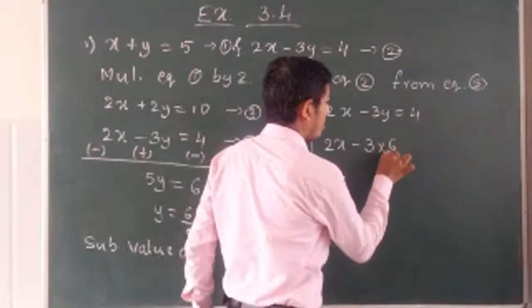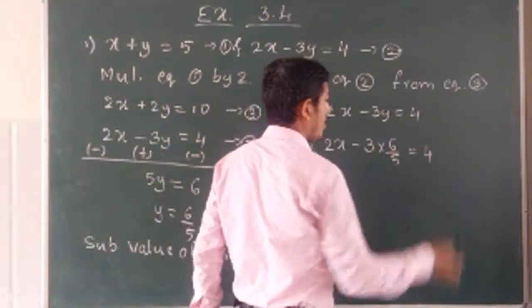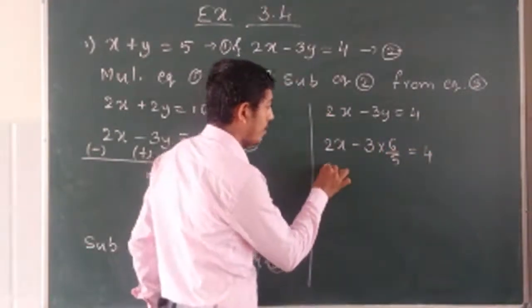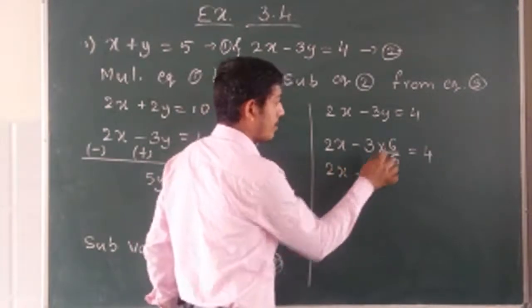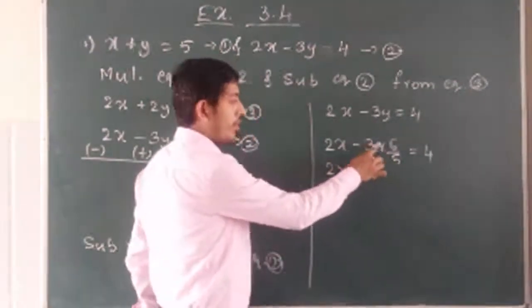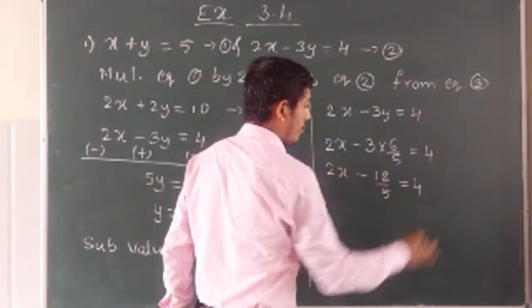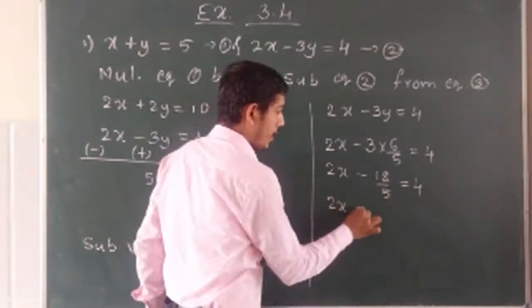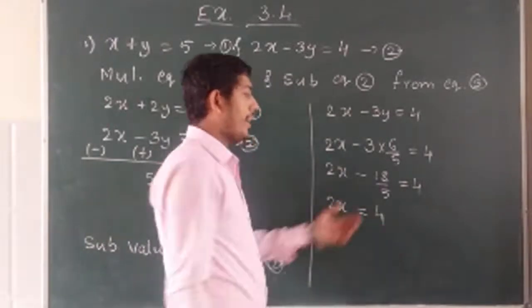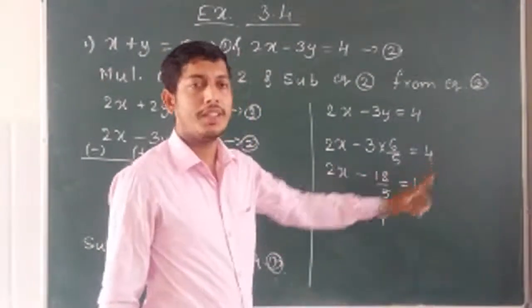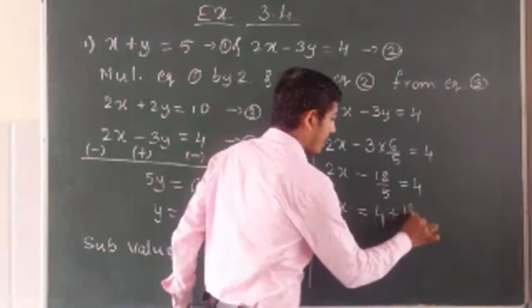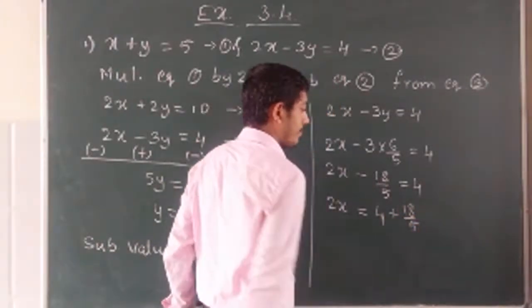So 3 into 6 by 5 equals to 4. Then 2x minus 6 3s are 18 divided by 5 equals to 4. Then 2x equals to 4 minus 18 by 5, when it goes to the other side it becomes plus 18 by 5.